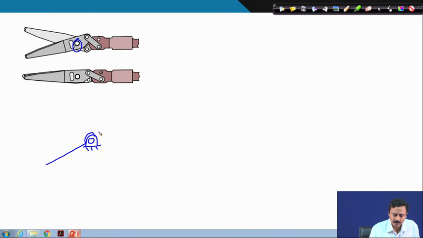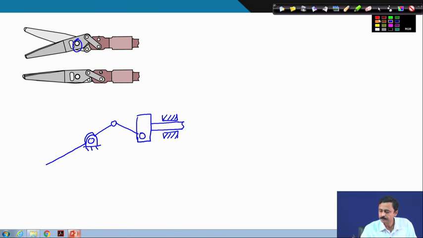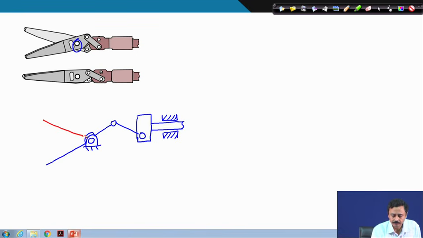This is the lower blade connected to a coupler to a slider which goes into the barrel, and the upper blade also connects to this slider in this manner. Let me count the number of links. Ground is 1, 2, 3, 4, 5, 6.